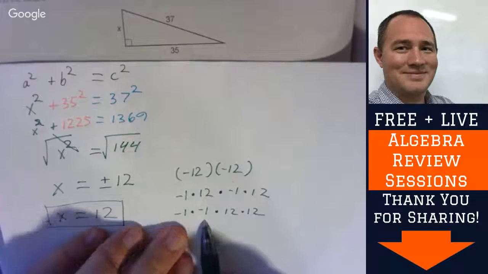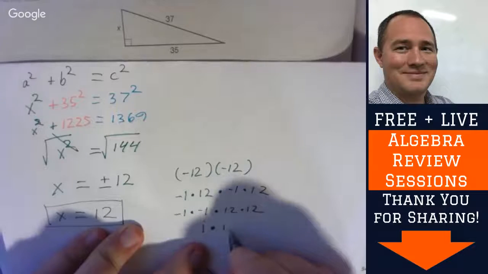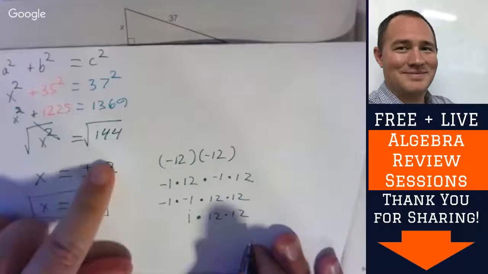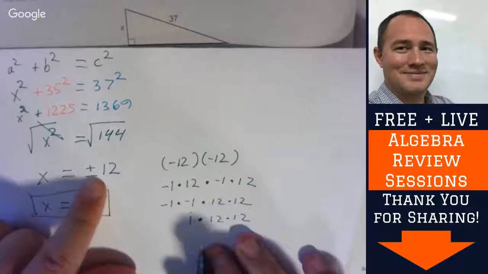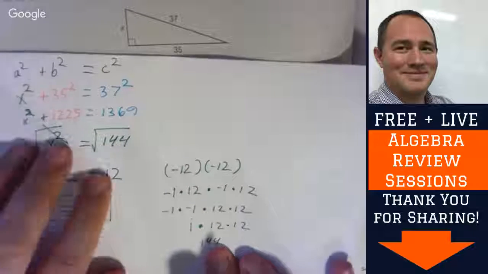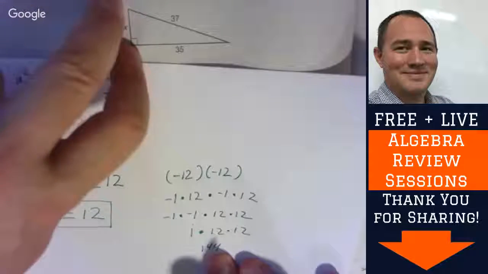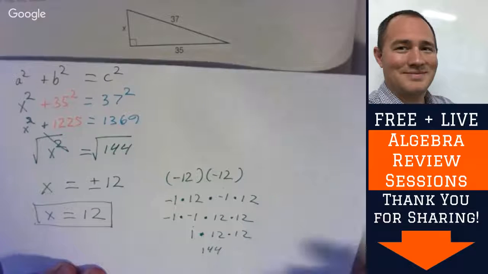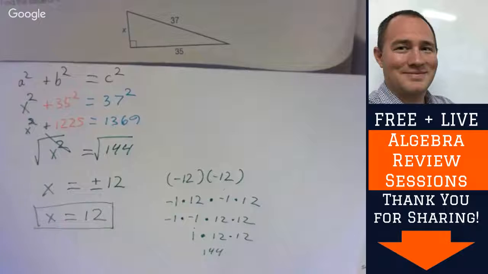Negative 1 times negative 1, they cancel to become really a positive 1. So 1 times 12 times 12 gets us back to the 144. So that's why when you take the square root of something, there's a positive and a negative solution. But using common sense, if we're dealing with dimensions, at least in our real world, you can't have negative measures, right?